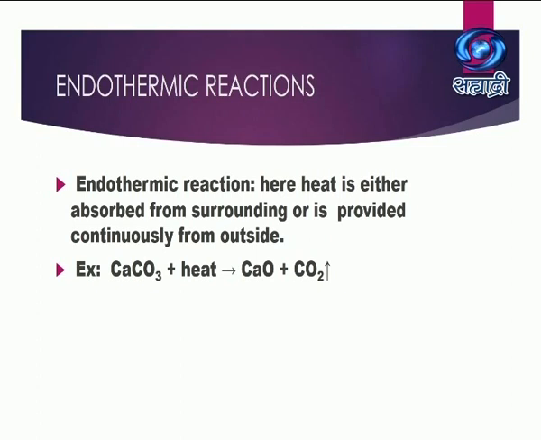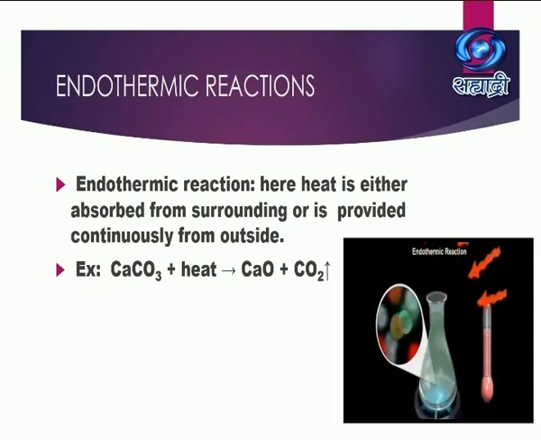CaCO3 plus heat, that is heat we are providing from outside, gives CaO, that is calcium oxide, plus CO2, that is carbon dioxide. Here you can see this is a type of endothermic reaction. Heat is being absorbed from the surroundings and thus the reaction is getting completed.